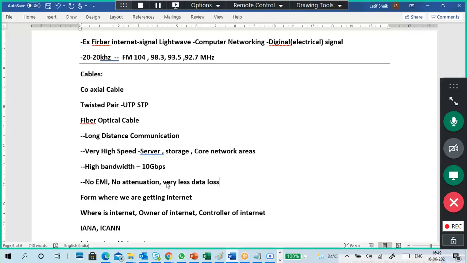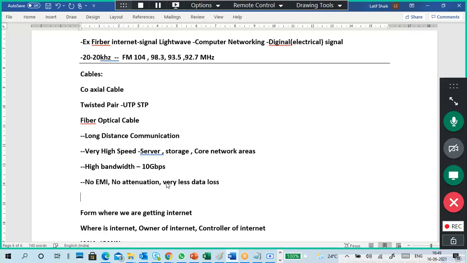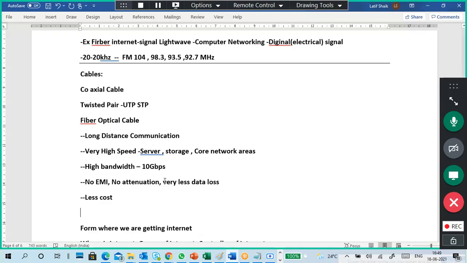So long distance communication is possible at high speed. The advantages of fiber optical are high bandwidth, no attenuation, and very low cost when you compare the cost for long distance use. So it is a very low cost.